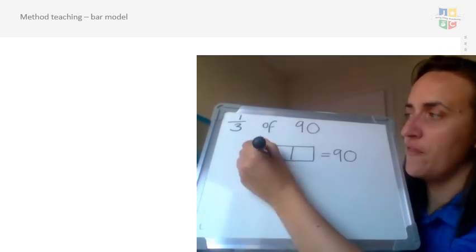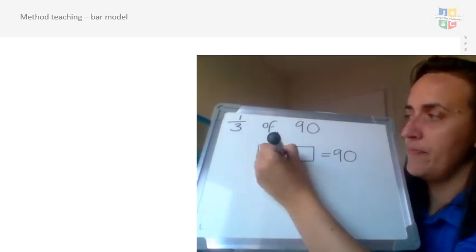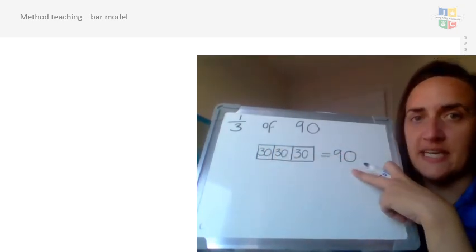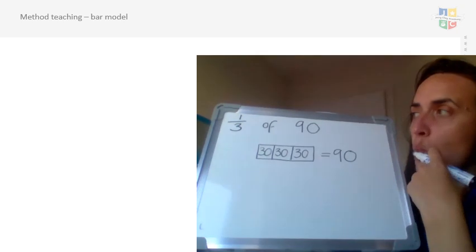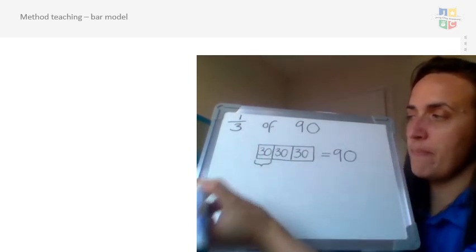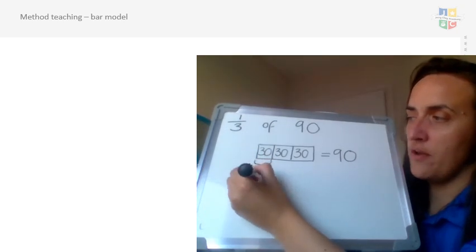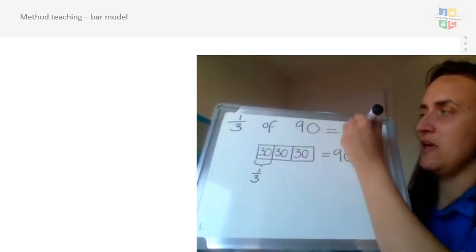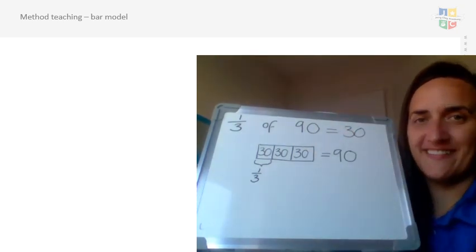So I put 30 into each one. 30 add 30 add 30 is 90. So 1/3 of 90 is just one of these bars. So that is 1/3. So 1/3 of 90 equals 30.